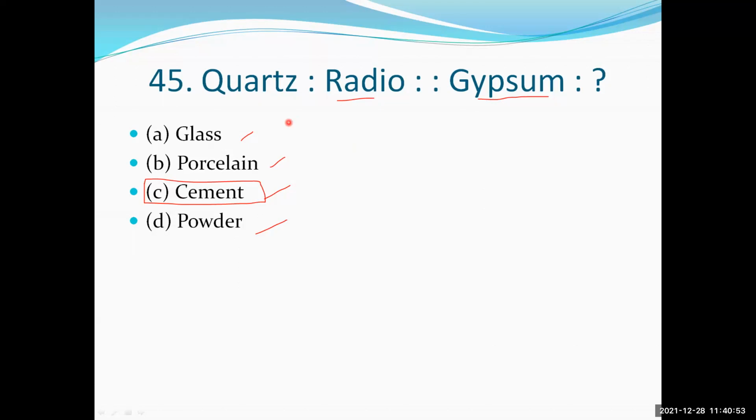The first is used to make the second. So cotton is used to make radio, or gypsum is used to make cement. Is it like this, Sakshi? Okay, all right. You just check it more. Cement is the answer here. Option C, cement, is the answer.